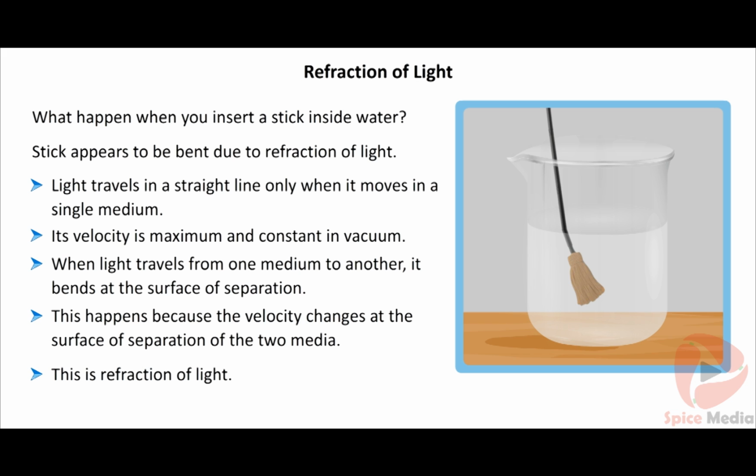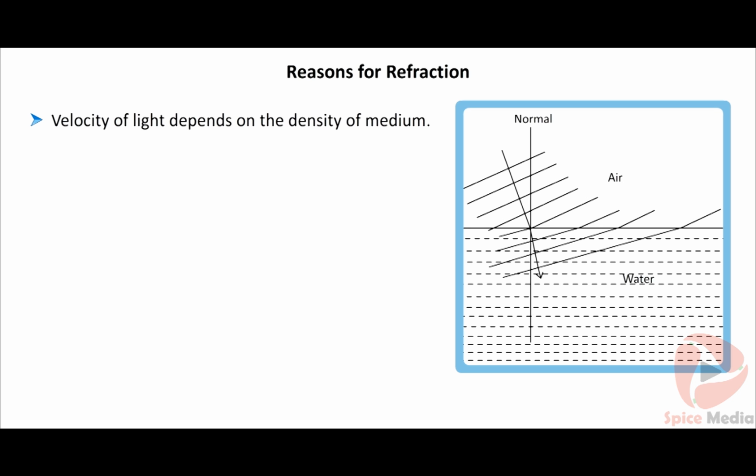See the animation to understand refraction. Let us look at the reasons for refraction. Velocity of light depends on the density of the medium. The velocity of light in water is less than that in air. The reason is water is denser than air. Hence, light travels slower in a dense medium.